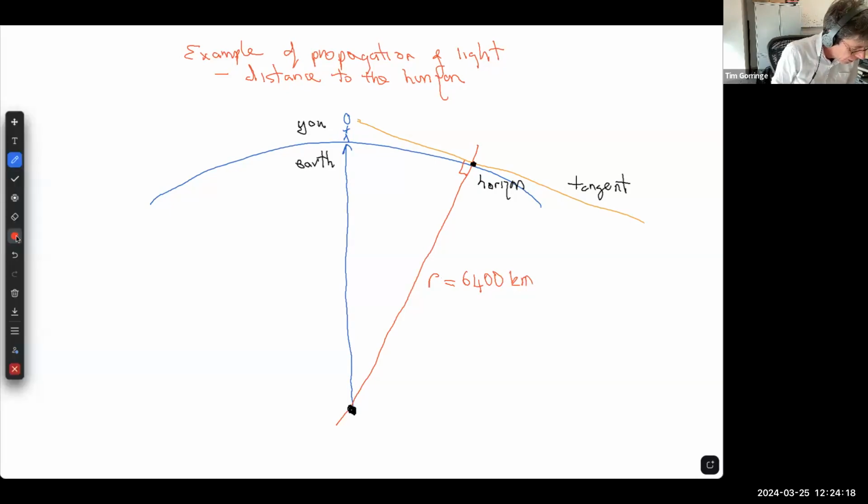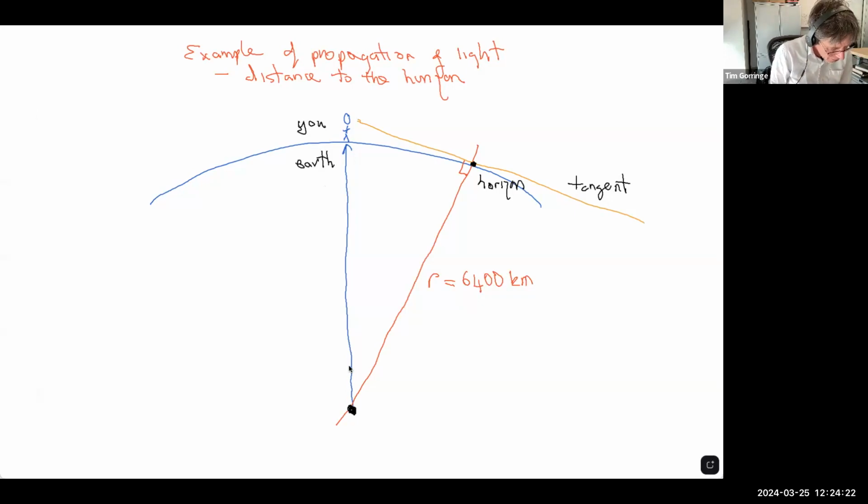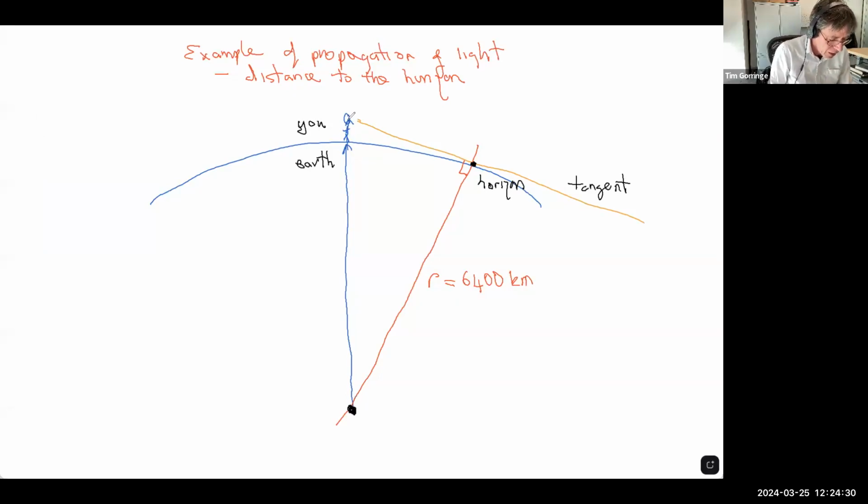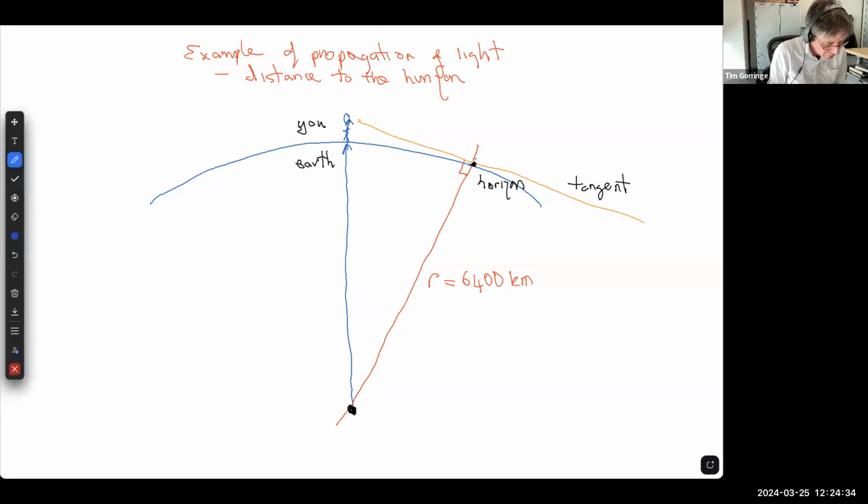I'm going to also add the length of this blue line here. Now, I'm going to extend this blue line up to our eyes. So it's the distance from the center of the Earth up to our eyes, from which we're observing the horizon.